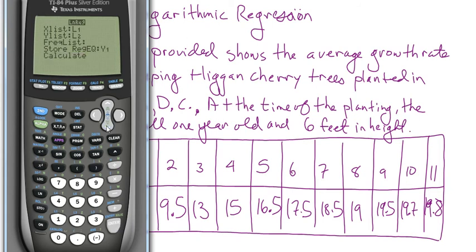Then I can go down to calculate, or you'll just hit enter. So on the 83, you've got ln reg followed by y1: vars, y vars, enter, enter.